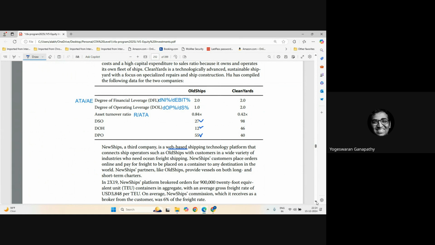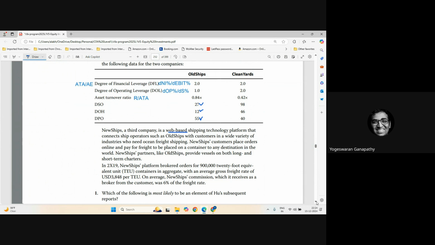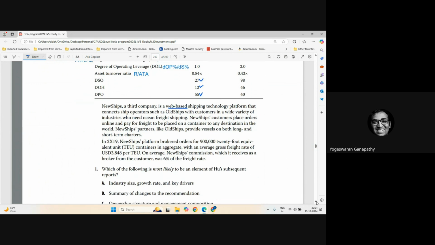NewShips partners like Old Ships provide vessels on both long and short-term charters. In 2019, NewShips platform brokered orders for 900,000 twenty-foot equivalent unit (TEU) containers in aggregate with an average gross freight rate of 3848 per TEU. On average, NewShips commission, which it receives as a broker from customers, was 6% of the freight rate.